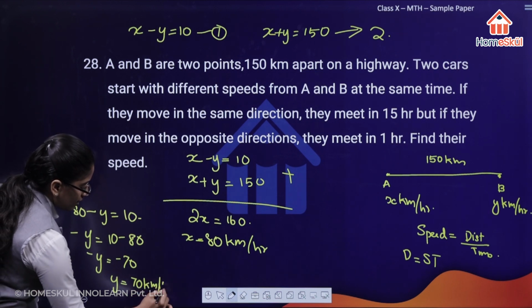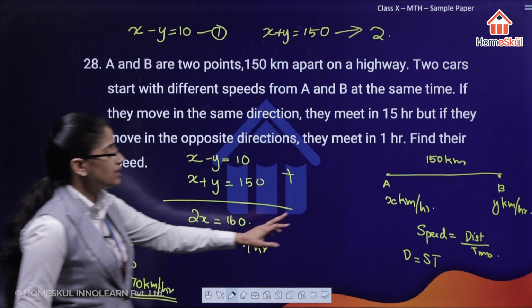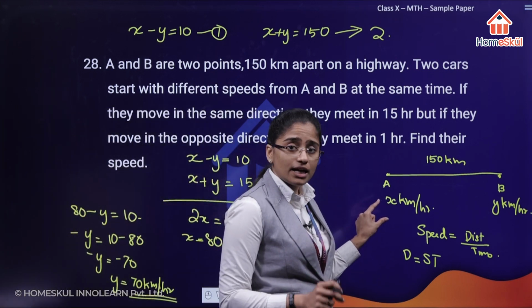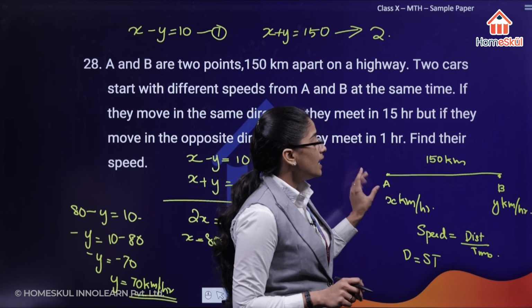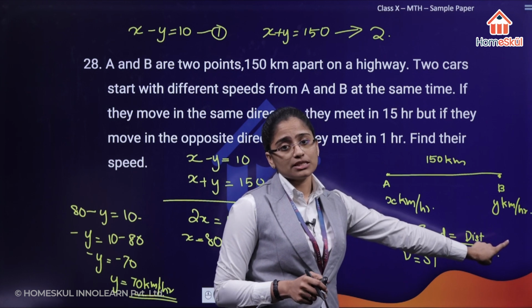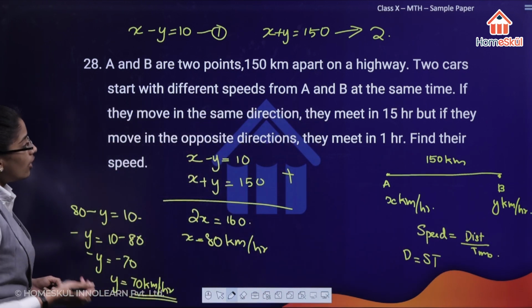So, the speed of the car started from point A is 80 kilometer per hour and the speed of the car started from point B is 70 kilometer per hour. Okay. Clear?